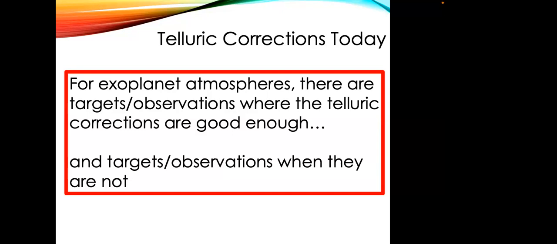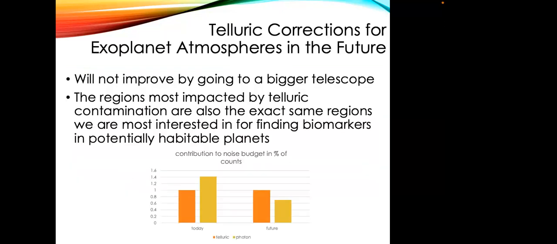And this problem's only going to get worse. As we go to larger telescopes in the future, the photon noise is going to drop down. Telluric corrections aren't going to get any better just because you go to a 20, 30, however many meters telescope. Telluric corrections are going to stay at whatever percentage they are because they aren't affected by the telescope's diameter.